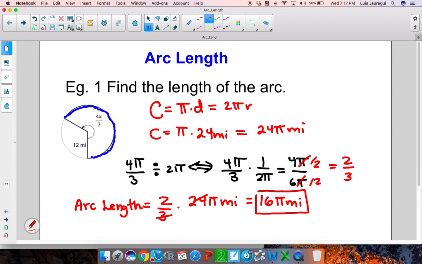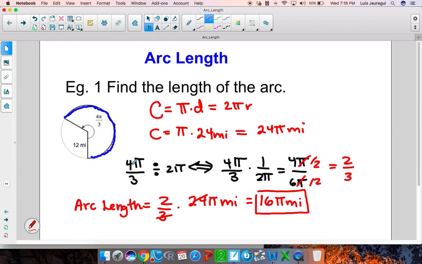So let's summarize the process. When you're looking for arc length in this type of problems, the first thing you want to do is find the circumference. Once you have the circumference for the entire circle, you just decide based on the angle that you're given corresponding to that particular arc, how much out of the entire circle is actually of your interest.